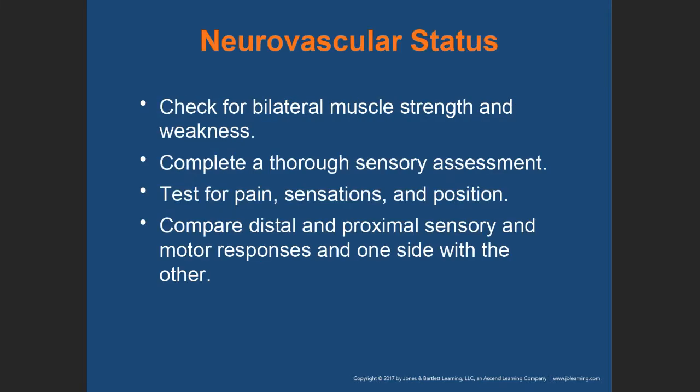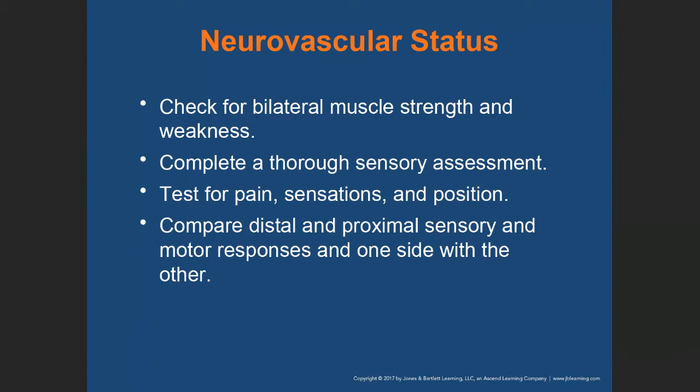Now for the neurovascular status, check for bilateral muscle strength and weakness. Complete a thorough sensory assessment. Test for pain, sensation, and position. So if you suspect spinal injury, or a head injury, or an injury to a limb, you will incorporate pulse, motor function, and sensory function. That's your neurovascular assessment. The pulse check in this assessment is not the same pulse check as in your circulation.